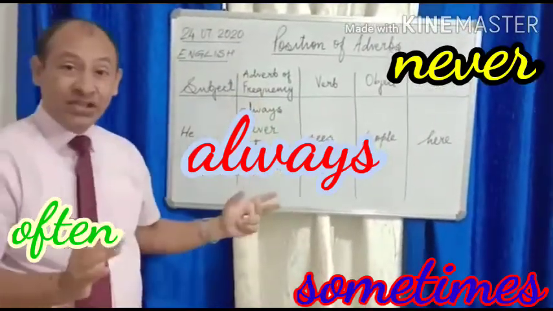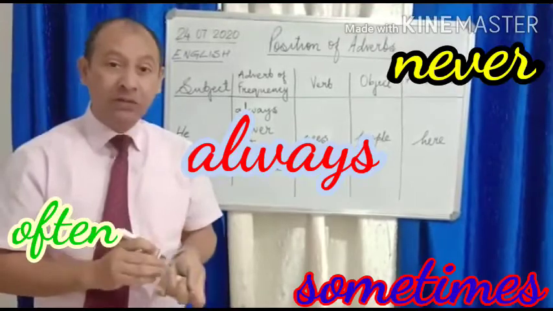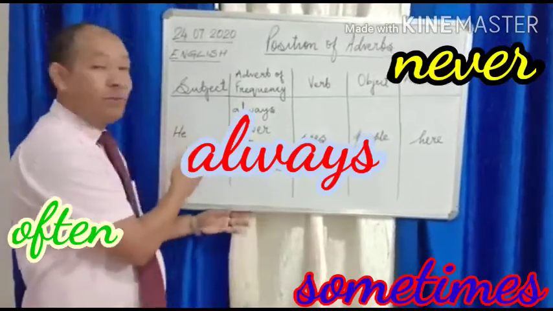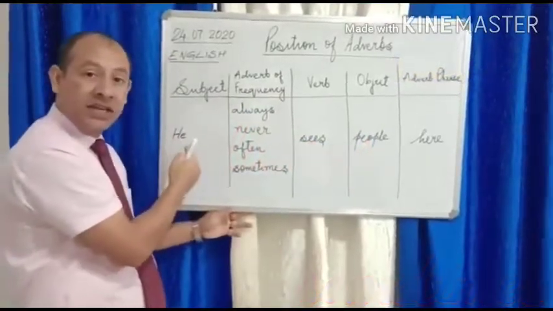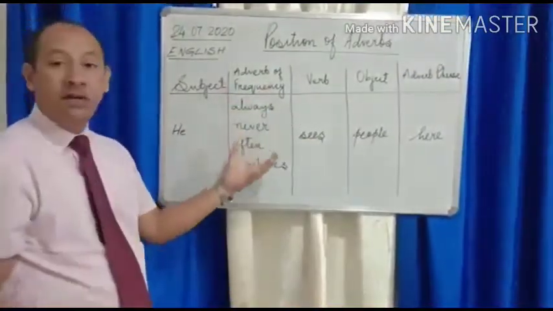And in a sentence where you have an adverb of frequency, it will always come between the subject and the verb. Between the subject and the verb. Adverbs of frequency.